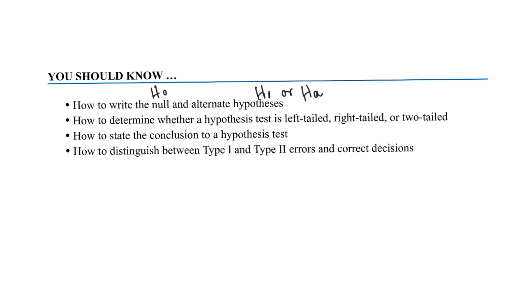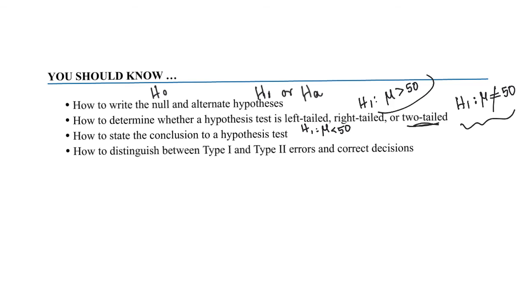For left-tailed, we write mu less than 50. For right-tailed, the alternate hypothesis is mu greater than 50. For two-tailed, the alternate hypothesis is mu not equal 50. So these are the notations for that.